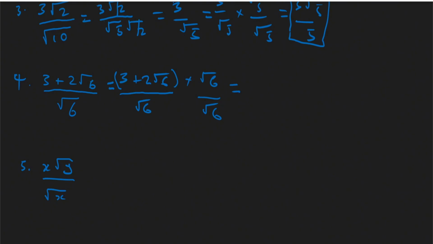You can check the link in the description below to learn more about how to expand and simplify surd. 3 times root 6 is 3 root 6 plus 2 times root 6 squared, over square root of 6 times square root of 6, which is also going to give us square root of 6 squared.